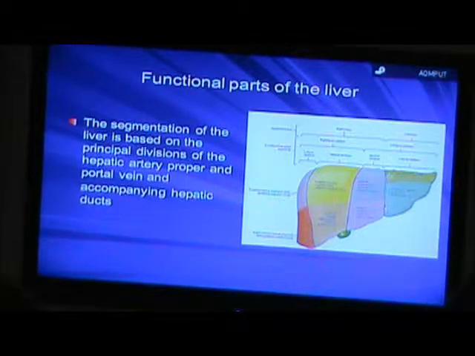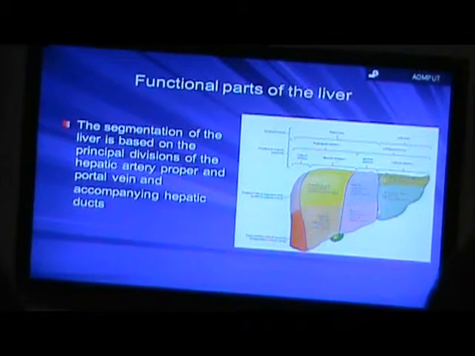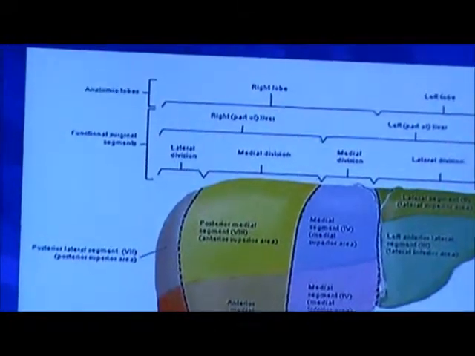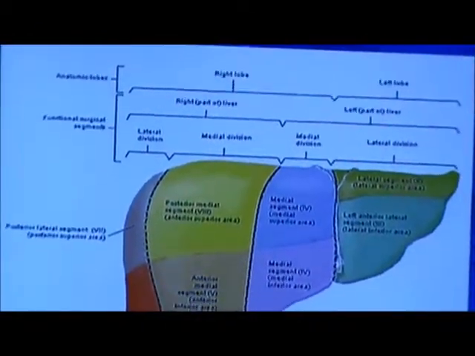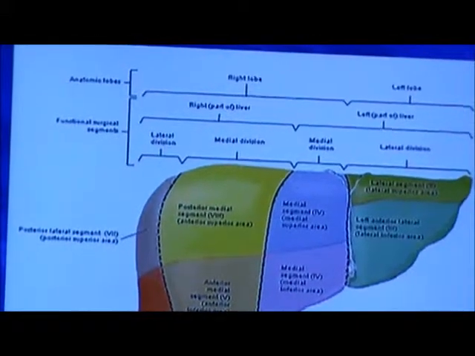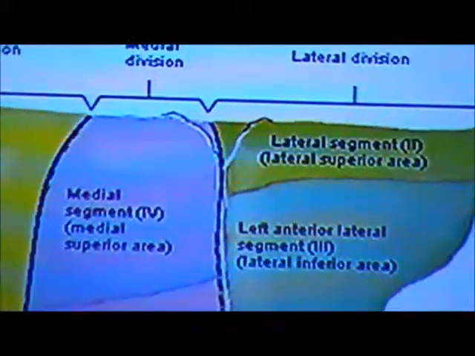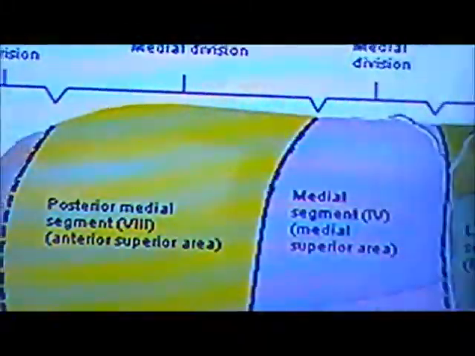In the liver, we can find the functional parts. There are segmentations of the liver, which are based on the principal divisions of the hepatic artery proper, which enters the porta hepatis, the portal vein, which leaves the liver, and the accompanying hepatic ducts.